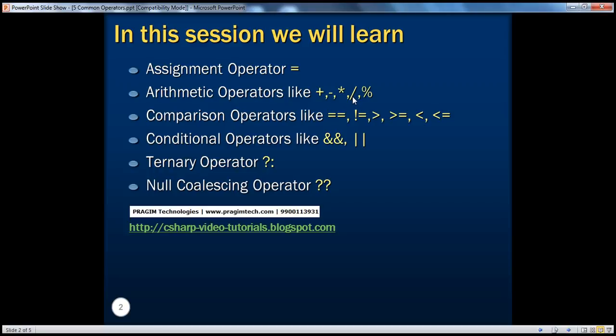One is the quotient and the other one is the remainder. If I divide 10 by 2, I get the quotient as 5 and the remainder as 0. Depending on which operator you use, if you use forward slash, you get the quotient, which is 5 in our example. If you use percentage, you get the remainder, which is 0 in our case.